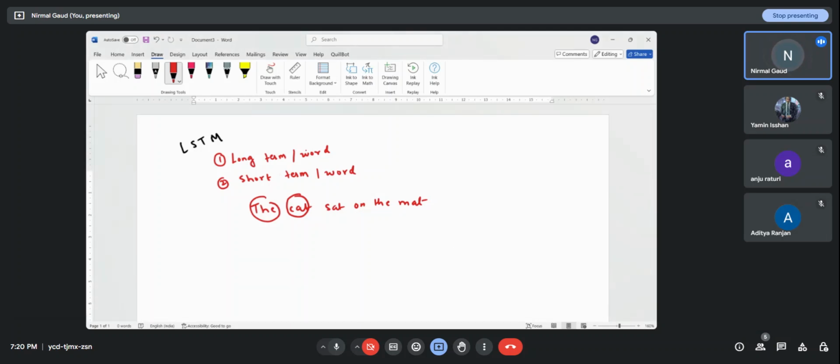So the more important thing in text analysis, which we haven't got in simple machine learning algorithms, is context and sequential data interpretation, because machine learning models like simple classifiers, logistic, decision tree, random forest, naive Bayes, don't consider your text as a sequence, neither do they talk about the context.